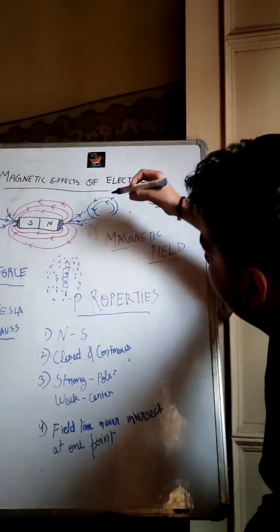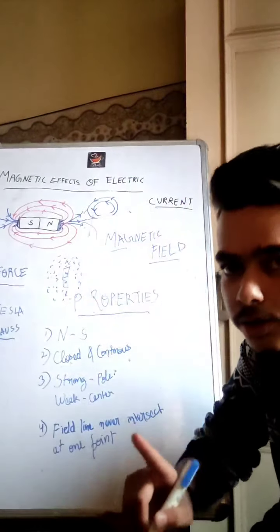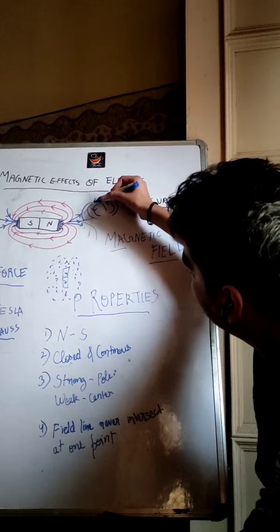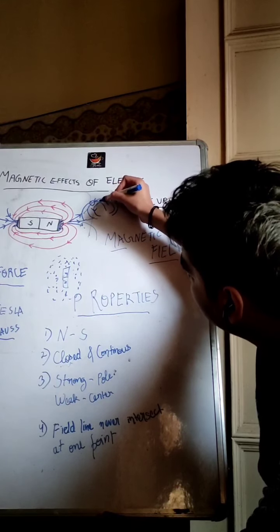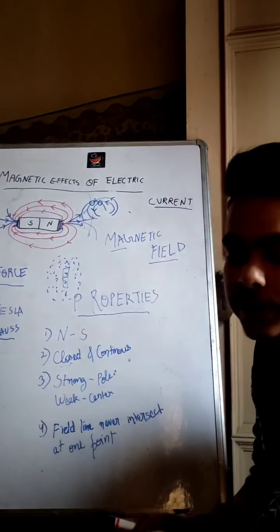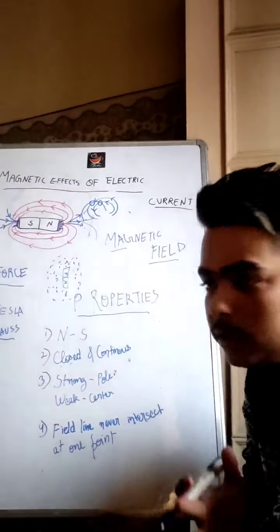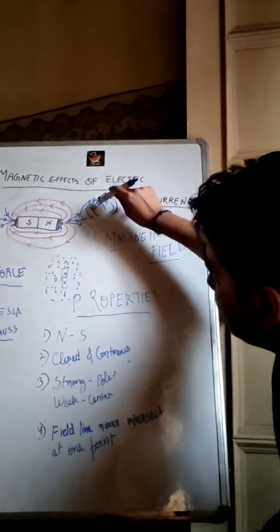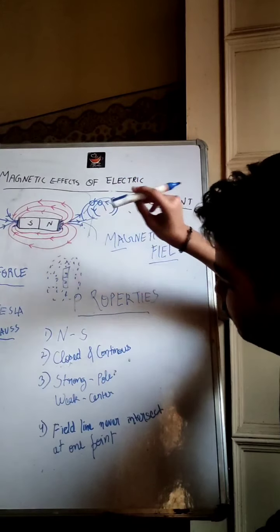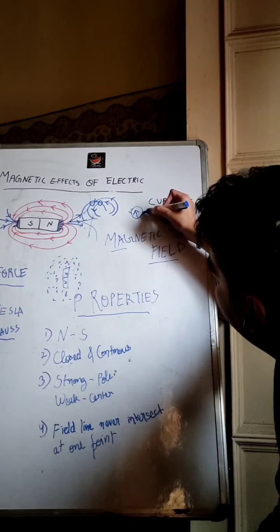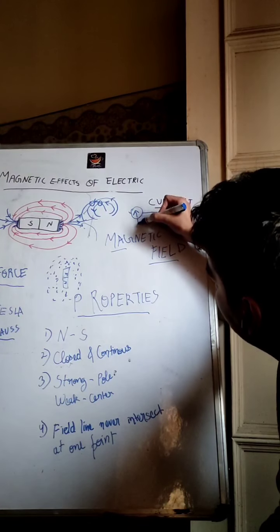Field lines never intersect means there will not be any field line going like this. See, here it is intersecting the other field line at some point. This is not possible. Why? If the field lines intersect at some point, that would mean there are two directions of magnetic field at a certain point.